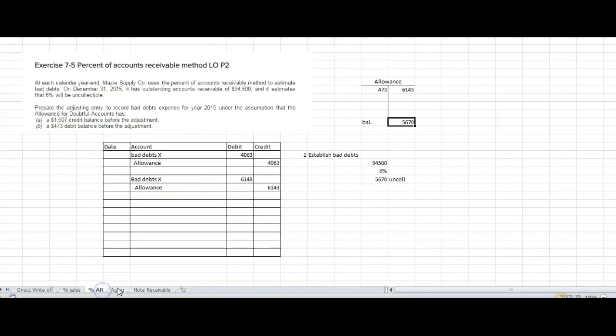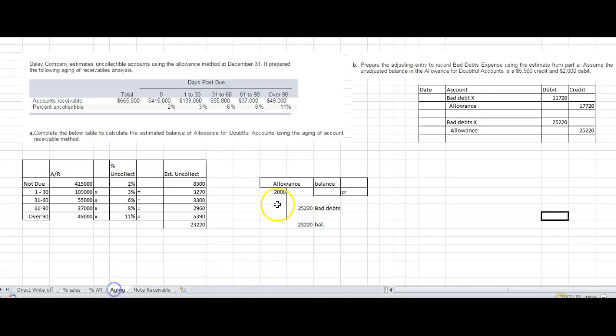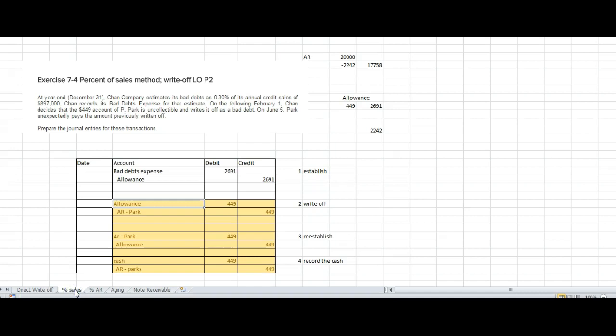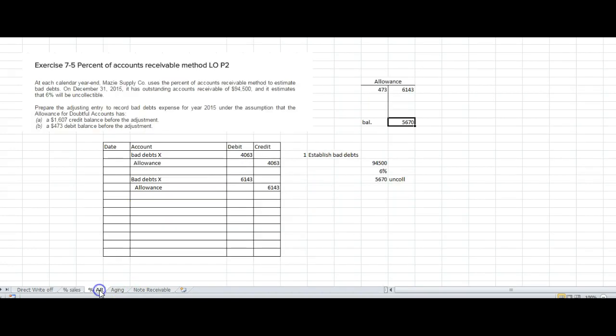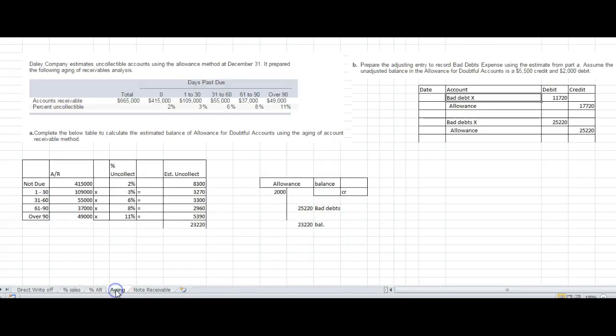It's just how you figure it and what your bad debts expense becomes. So, percent of sales, what you calculate is what the bad debts is. On the percent of accounts receivable and aging, what you calculate is actually the balance of the allowance that you need, and then you make the adjustment up according to whether a debit or credit balance.